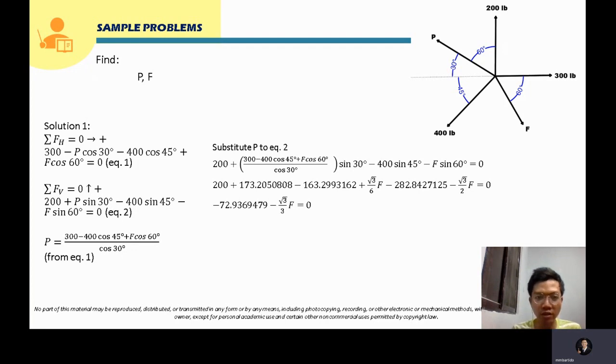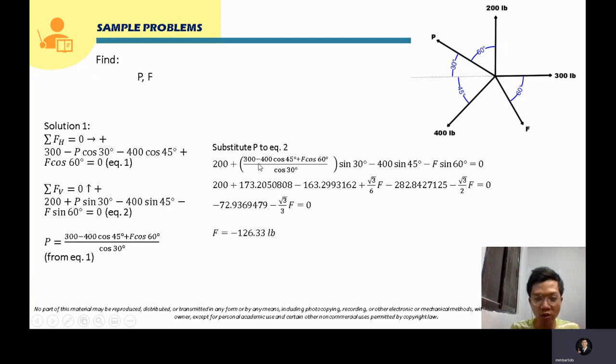And it will give you negative 72.9369479. And for F, that will be square root of 3 over 6 F minus square root of 3 over 2 F, so that will be negative square root of 3 over 3 F. So this, plus that value, is equal to 0.